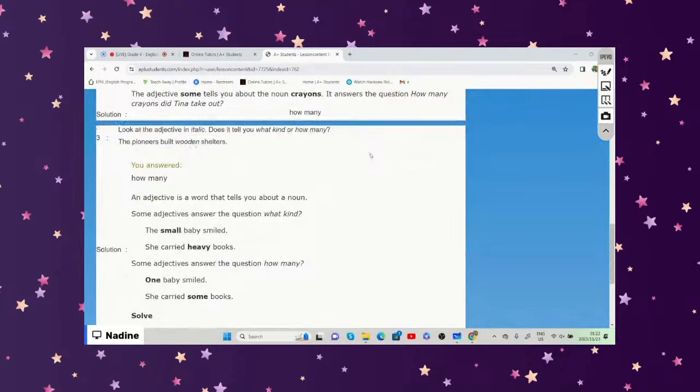The pioneers built wooden shelters. Is it asking us what kind, or is it asking us how many? So the pioneers built wooden shelters.